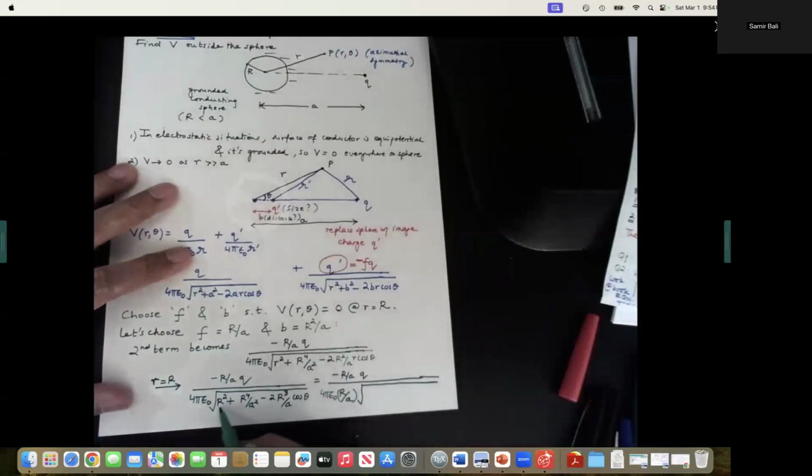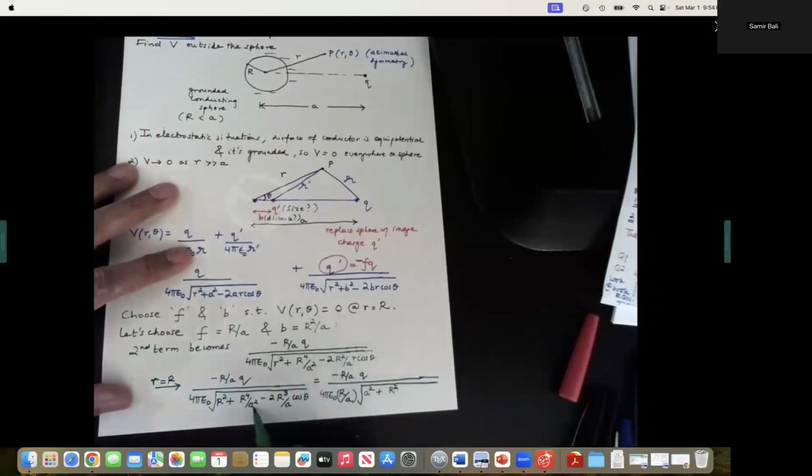And what happens is that the r squared goes out, but it is divided by a, so I need to have an a squared for the first term. From the second, I took an r squared out of there, so this becomes an r squared.